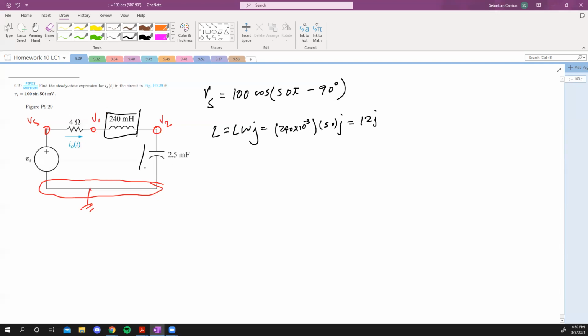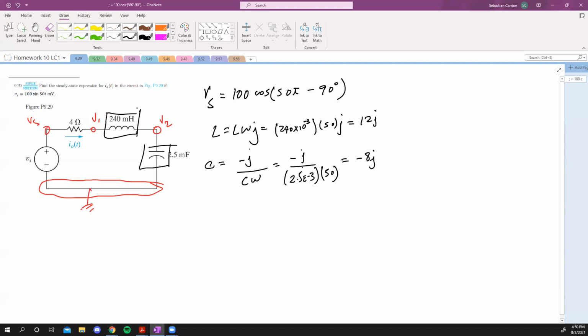And for our capacitor, it's negative J over C omega, so negative J over 2.5 e to the negative 3, or 10 times 10 to the negative 3, times 50. And this is negative 8J.